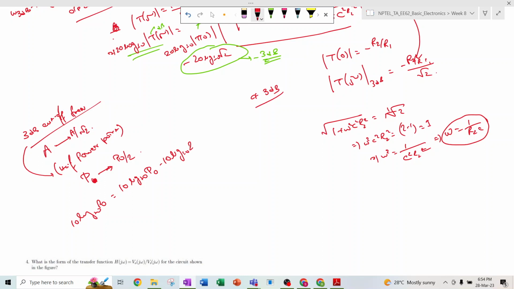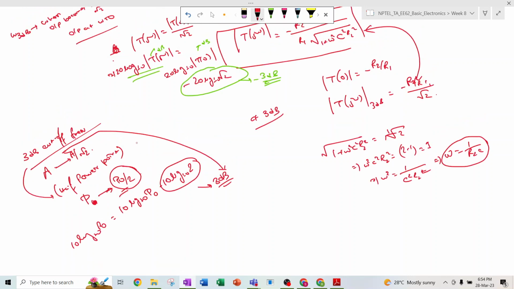If we do log 2 and multiply it with 10, that also refers to 3 dB. So this 3 dB cutoff frequency refers to the half power point. That is, at this point the power becomes half of the power at omega equal to 0.